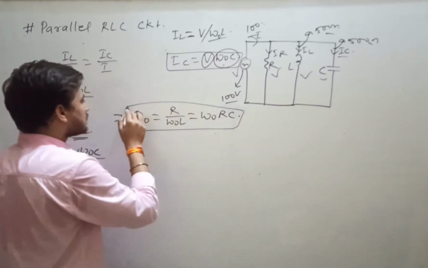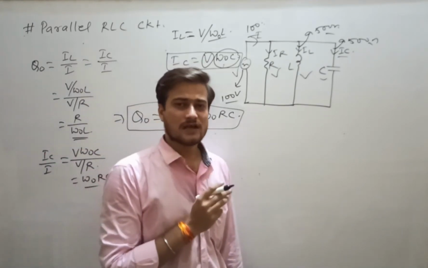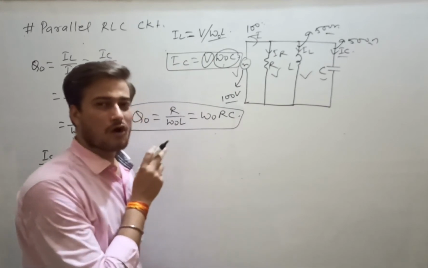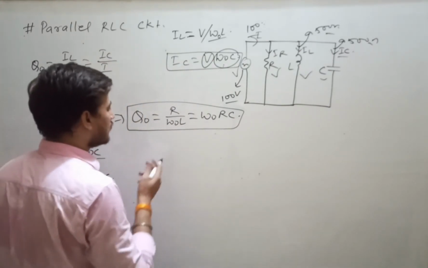That means it is just opposite. It is coming just opposite of what you obtain in the case of a series RLC circuit. Clear? So now what will happen?